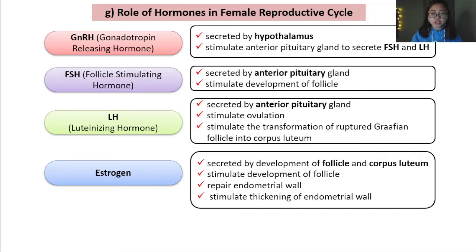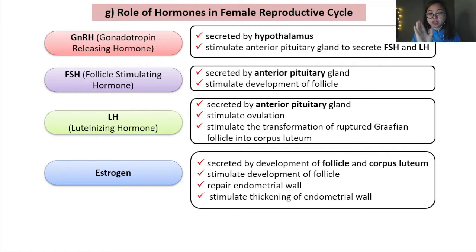Estrogen, the function of estrogen is to stimulate development of follicle. Dia akan merangsangkan follicle untuk membesar, menjadi matang. Another function of estrogen is to repair endometrial wall. Endometrial wall ataupun lapisan darah dan sel-sel dan tisu di uterus.